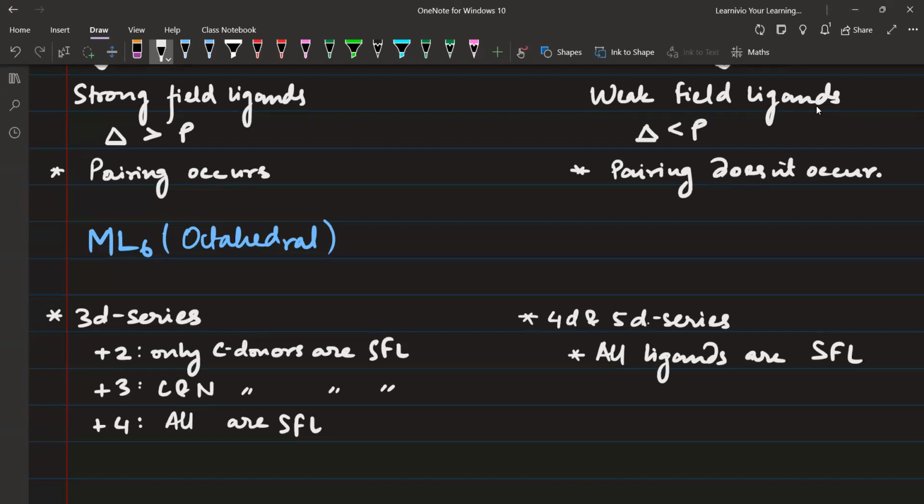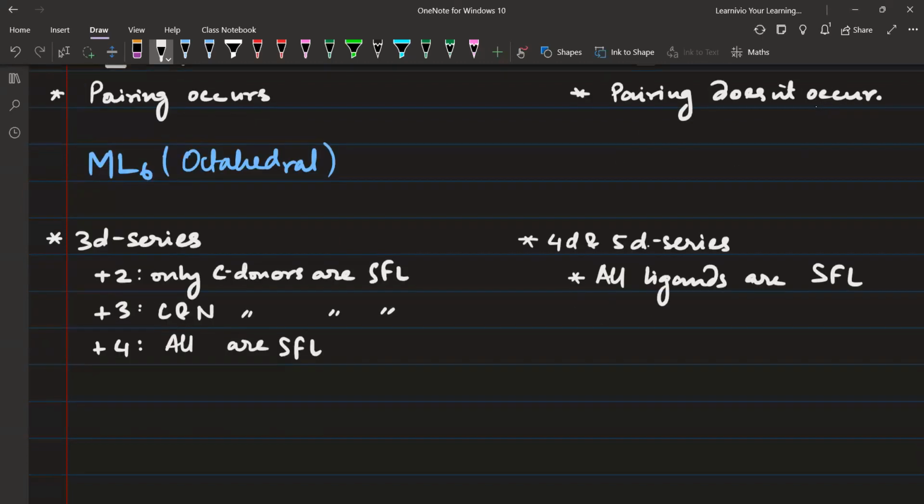The charge is so high, right? Now in metal and ligand 6, there is only one thing that you have to remember very carefully. That is the case of cobalt 3 positive. If you have cobalt 3 positive, then in this case, carbon, nitrogen, and oxygen donors are strong field ligands. All this. Copy this down. Raise your hand once you're done.